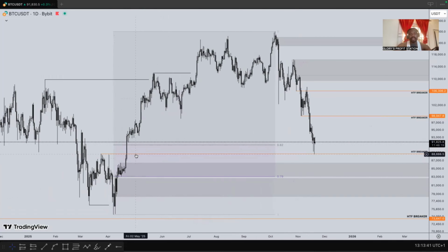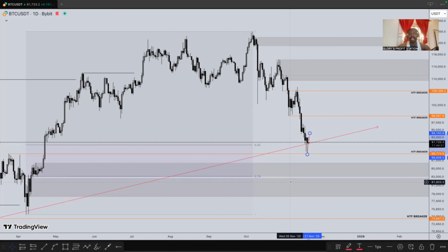I just had to show you guys that, of course, I understand different ways of looking at the market, but the only thing I like to rely on when I'm analyzing the market is the structure of the market. And that means the internal structure, the external structure.